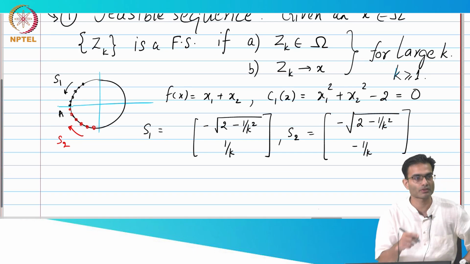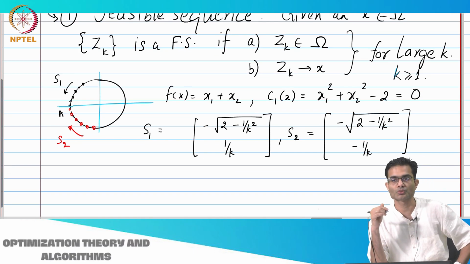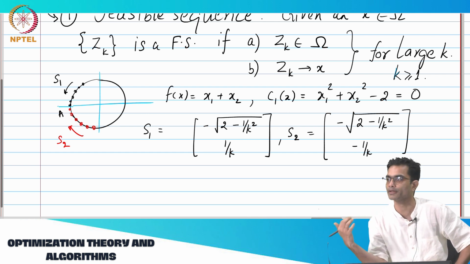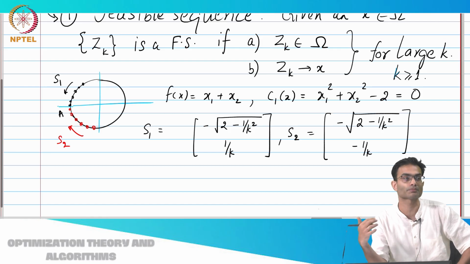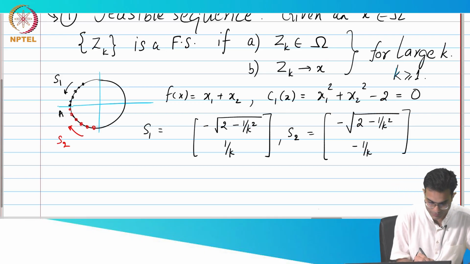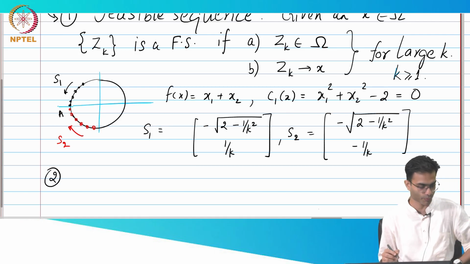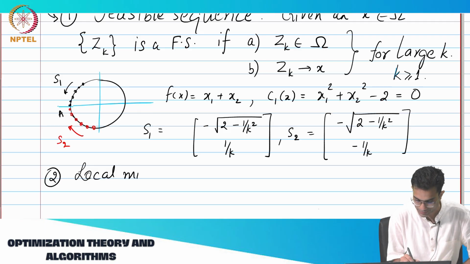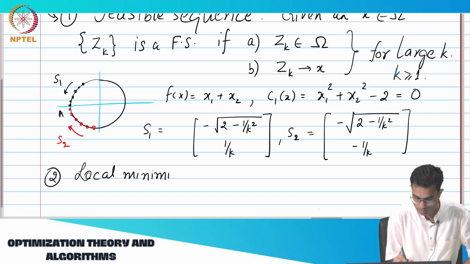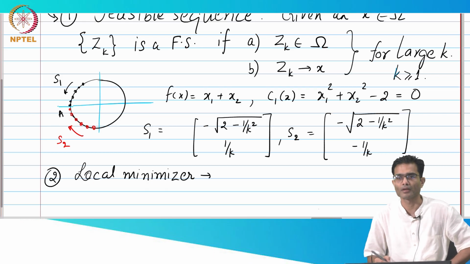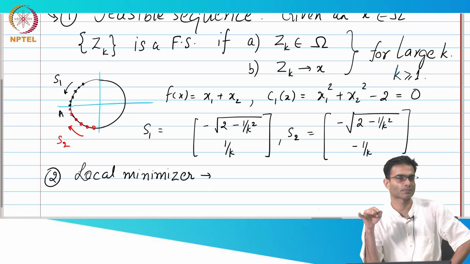Now related to the question you asked, using the concept of feasible sequences, we can have a different alternate definition of what is a minimizer, or what we are calling a stationary point. So let's call that point number 2, local minimizer. You've got the idea of a feasible sequence.